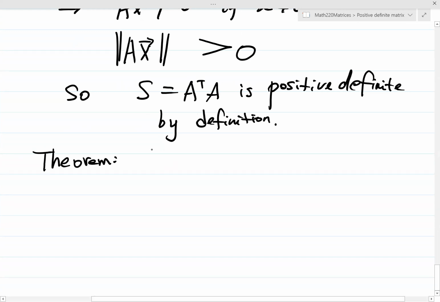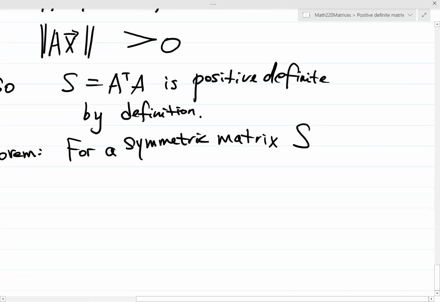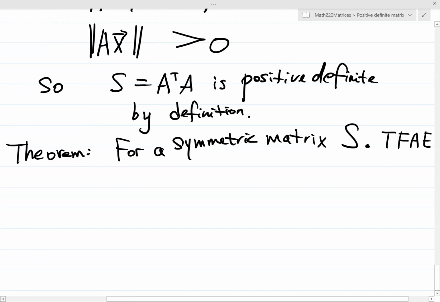For a symmetric matrix S, the following are equivalent. You may see this very often if you study pure math.